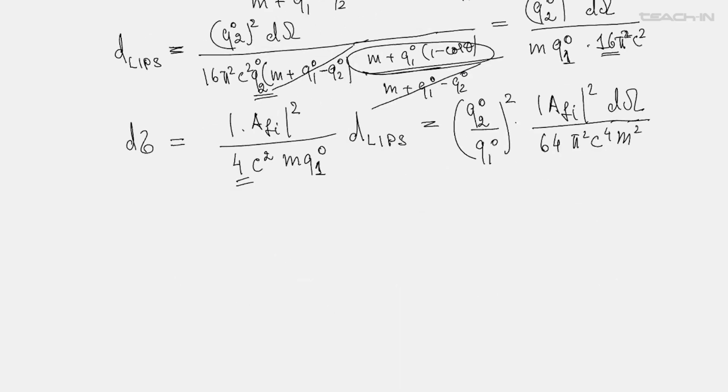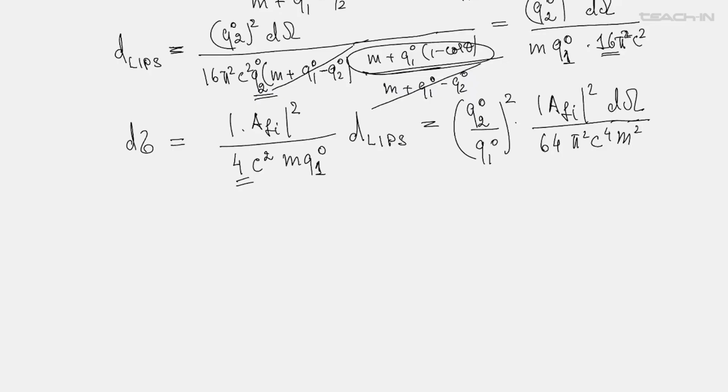You know that the ratio of this Q20 to Q10 can be expressed via frequencies of the incoming and outgoing photons. And if we are also interested in the scattering of unpolarized electrons, but keep polarization of photons, then we have to sum over polarizations S1 and S2 and divide the result by 2, which means averaging over the polarizations of incoming photons.